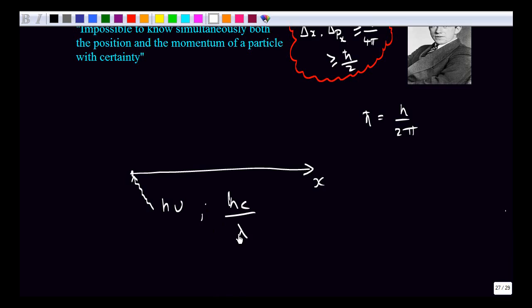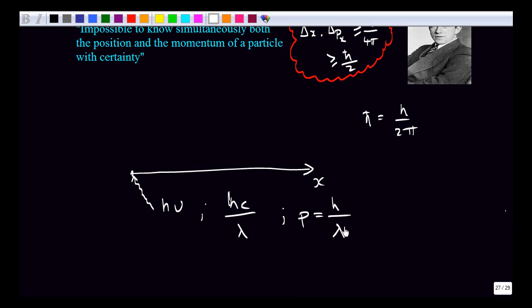C is the speed of light, and lambda is the wavelength of that light. And we also know that the particle aspect of that photon is going to have a momentum, which we define as small p, equal to h over lambda.